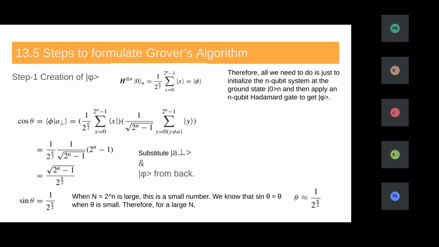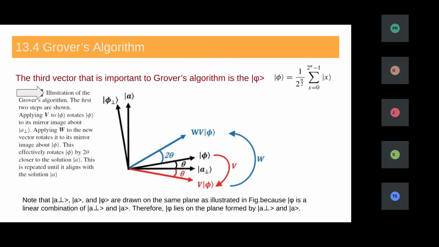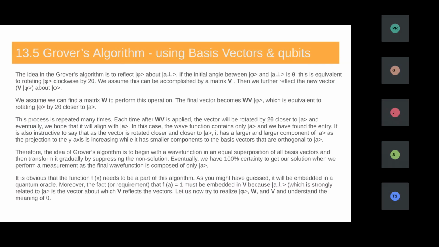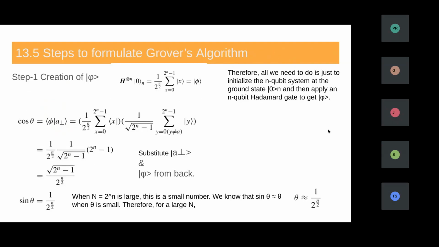So now step one is creation of phi. So phi is what we said, this is the phi. What is it? It is a linear combination. So all we need is to just initialize the n qubit system, which we are using, at the ground zero state.